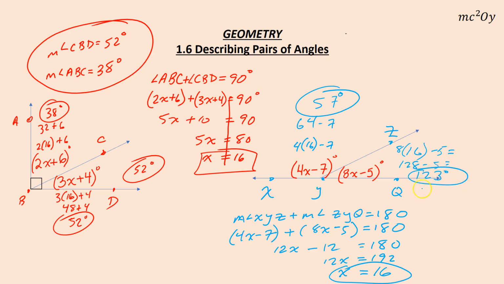And 123 plus 57 is 180 degrees, so that's good. So even though it's a really bad labeling of the diagram, I probably should have switched these expressions around, but that's okay. We get the point here. XYZ plus ZYQ, we have 57 and 123 degrees. And if it makes you feel any better, to have a better picture, just switch the expressions. You'll be good. All right, that's all we do.